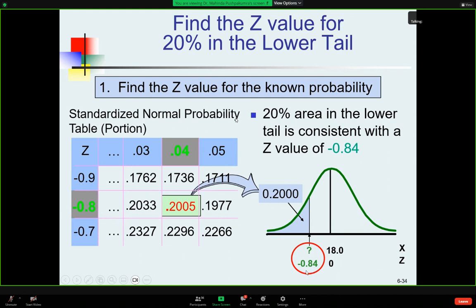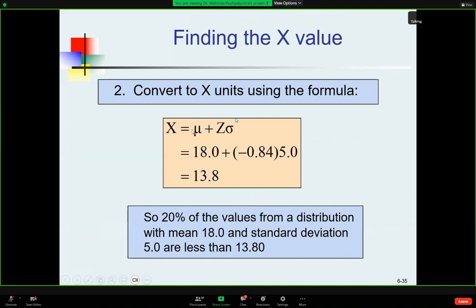Then the z value is minus 0.84. Then you can insert the given values here. Then x is 13.8. That means 20% of download times are less than 13.8 seconds.